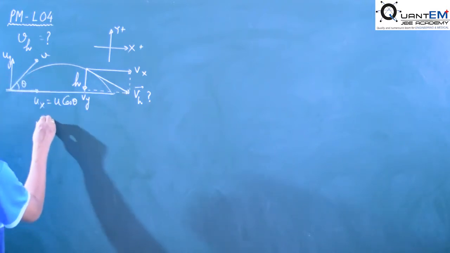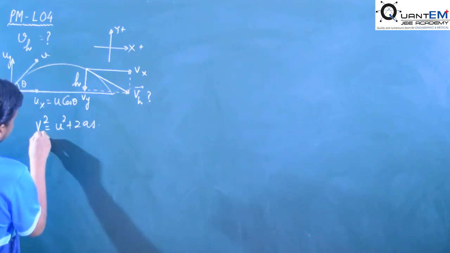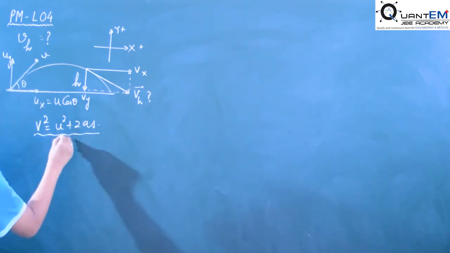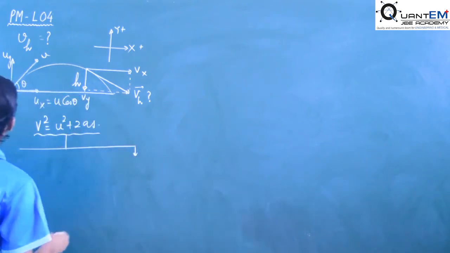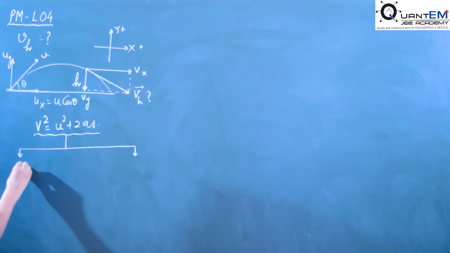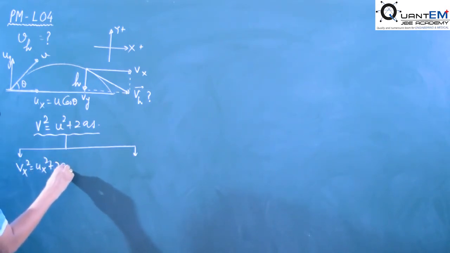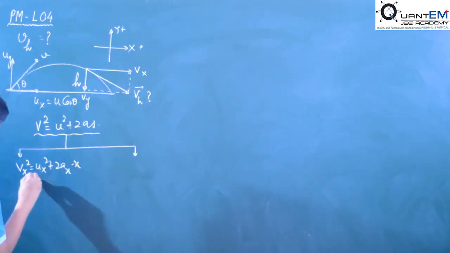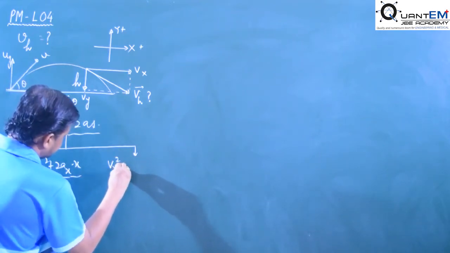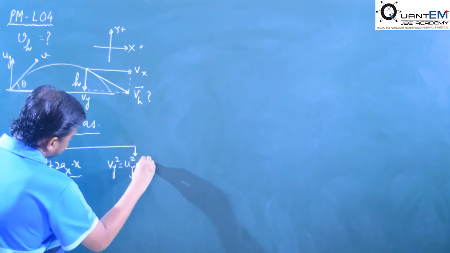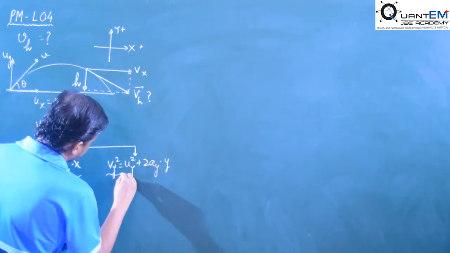Since the motion is in 2D, the formula should be divided into two coordinates. For the x coordinate, vx square is equal to ux square plus 2ax into x, and for the y coordinate we have vy square equal to uy square plus 2ay into y.